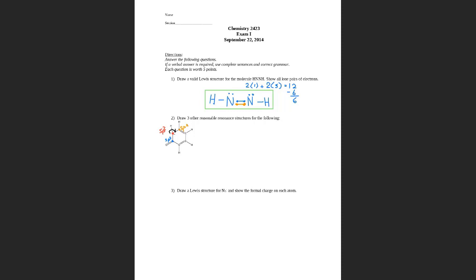Now, if they go over here where I've directed my arrow, that's going to cause the double bond here to break and those electrons to go to the carbon. In general, when you're moving electrons around in resonance and drawing resonance structures, you only want to move them one place forward, so to speak.